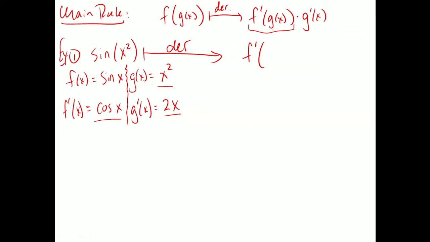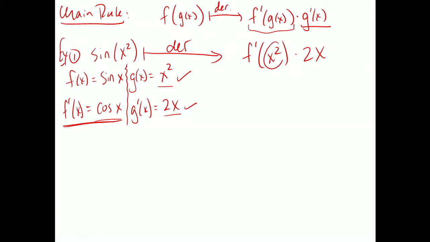I know what g is. G of x is x squared. So let me at least write that. And I know what g prime is. That's an easy one. That's just 2x. But then I could say to myself, but wait a minute. I know what f prime of x is. Look, f prime of x is right here. It's cosine of x. But this isn't f prime of x, is it?